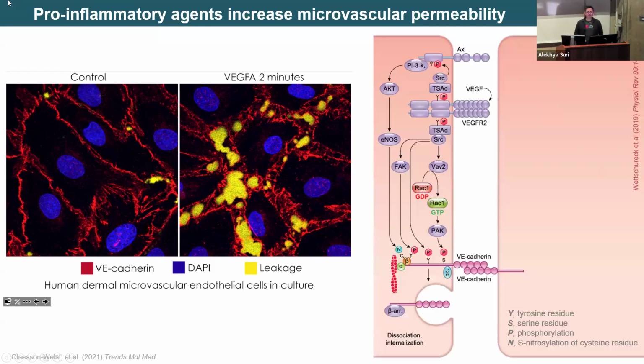And this happens because, again, there is production of nitric oxide by eNOS, and the concurrent activation of several different signaling pathways that ultimately lead to the internalization of VE-cadherin, right? So VE-cadherin becomes internalized by endocytosis, and endocytosed VE-cadherin cannot form the barrier anymore, right?